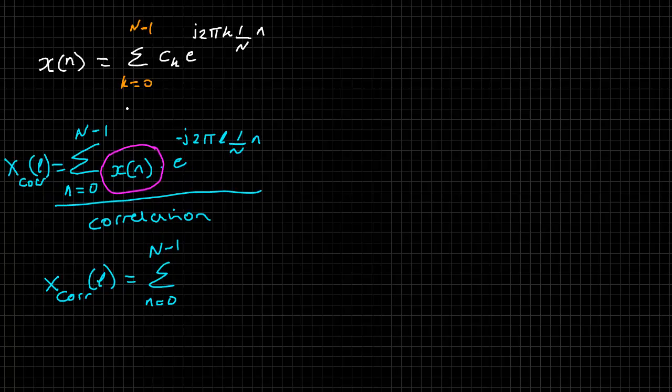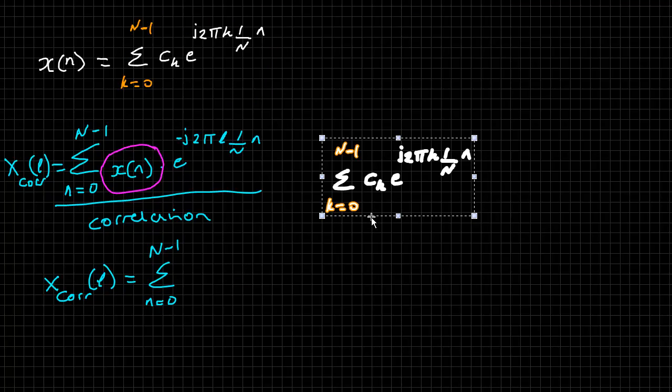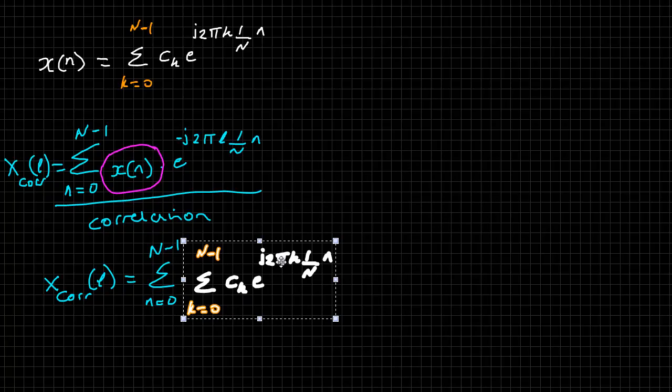And what we're going to integrate, of course, is xn, which is the same as this expression, which we're going to copy and paste. And we mustn't forget, of course, our exponential function, so multiply by e to the power of minus j.